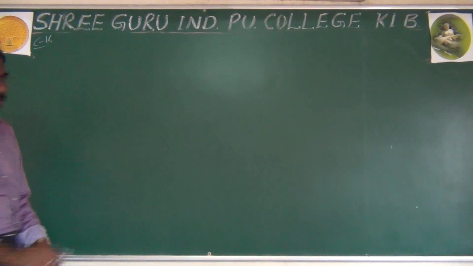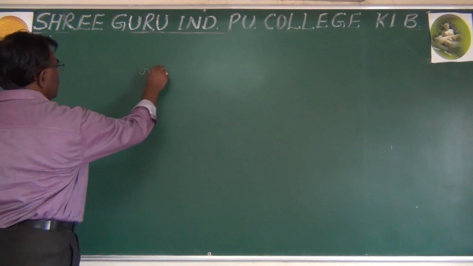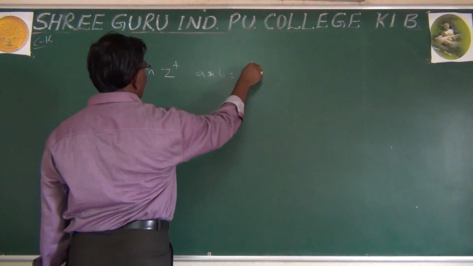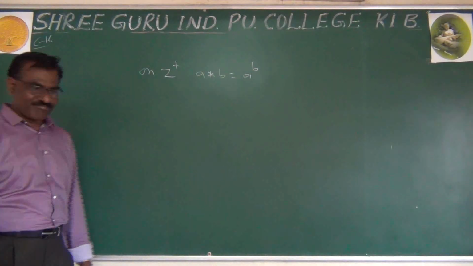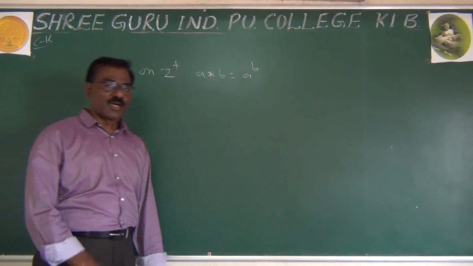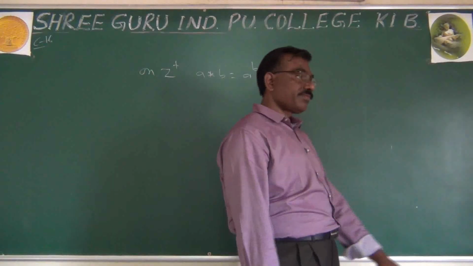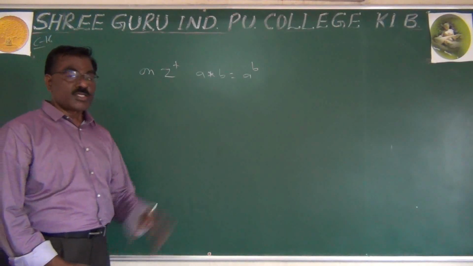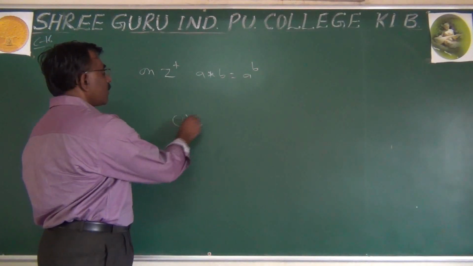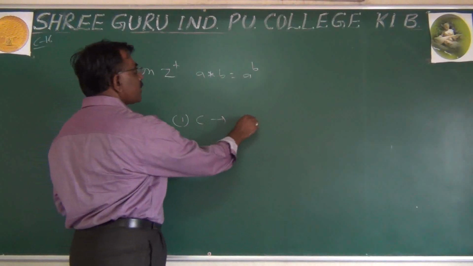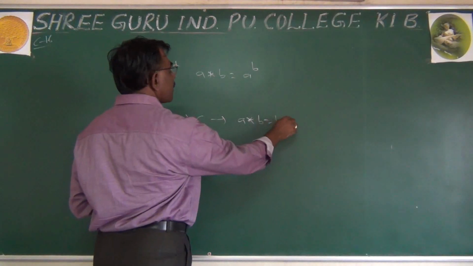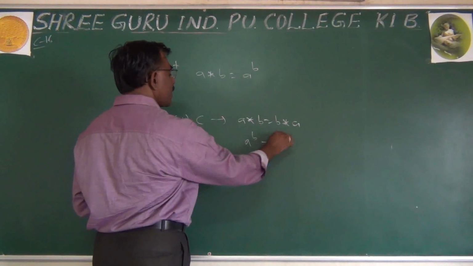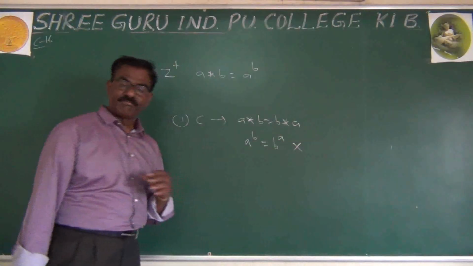Next, on Z plus, A star B equals A raised to B. Same question: whether star is commutative or associative. Now commutative means A star B equals B star A. A raised to B and B raised to A are not equal.